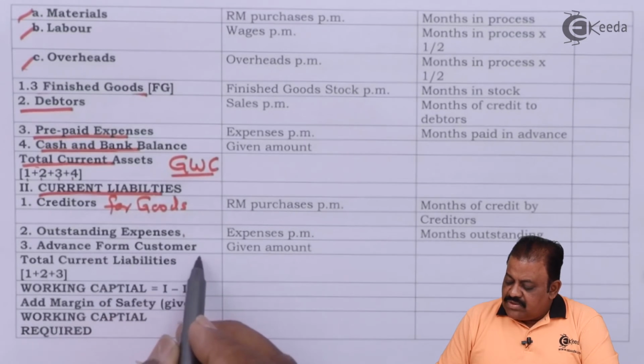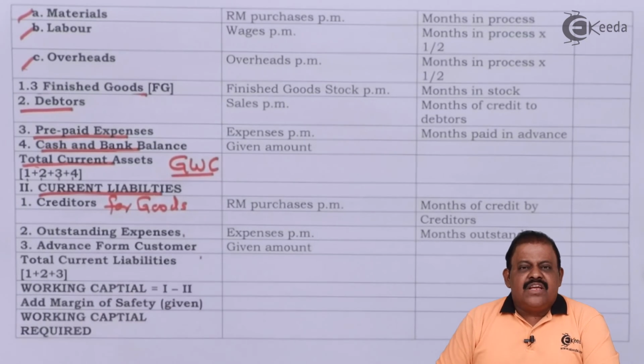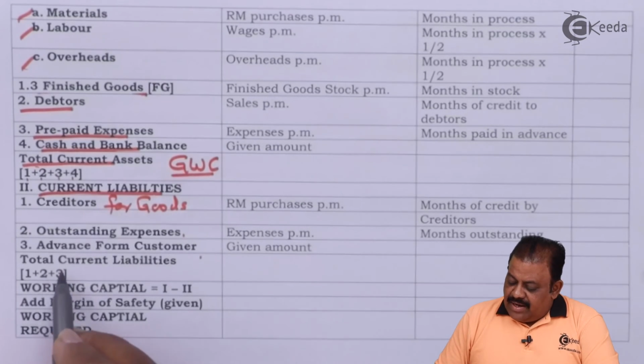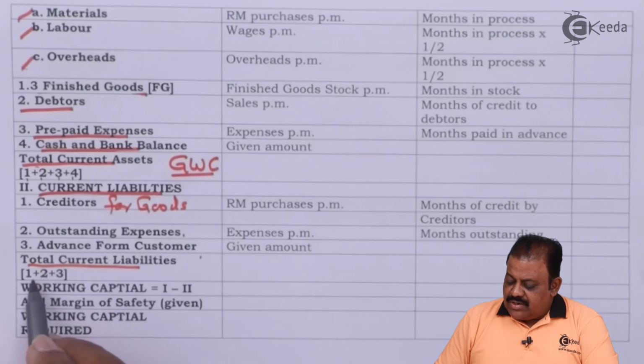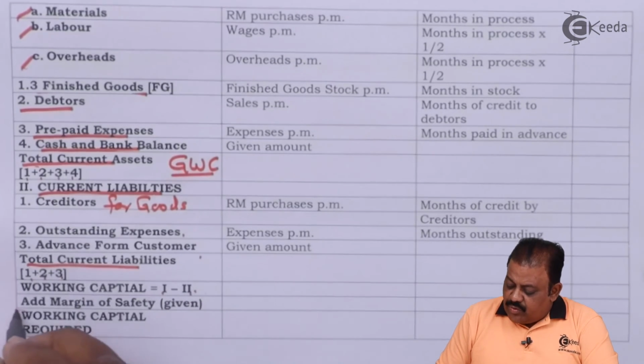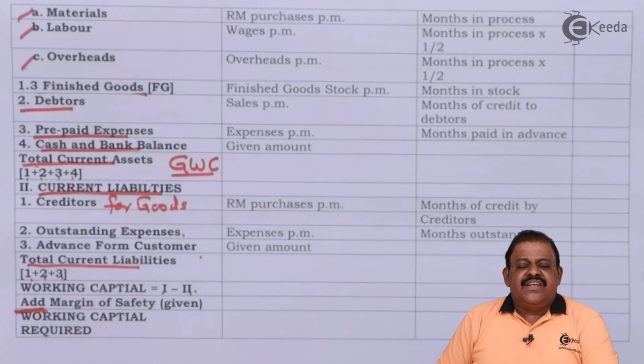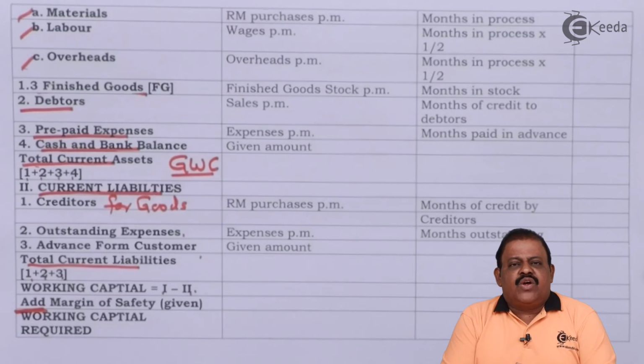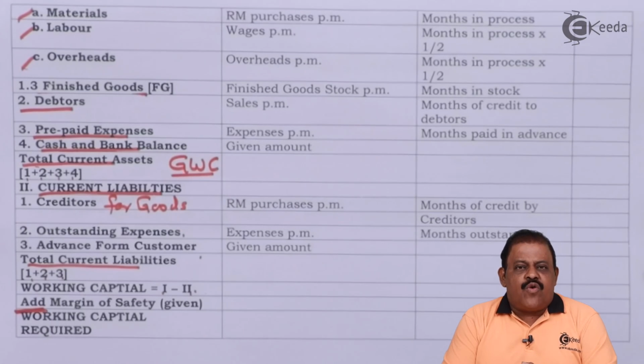Then advance from customers as per the information given in the question. Thereby we get total current liabilities, that is point number 1 plus 2 plus 3. Then we can calculate working capital by deducting current liabilities from current assets. To this we are required to add margin of safety. Finally, we arrive at the figure of total estimated working capital to be arranged for.